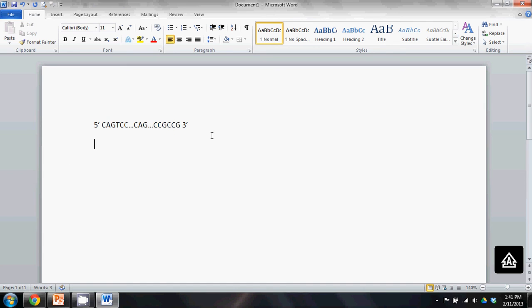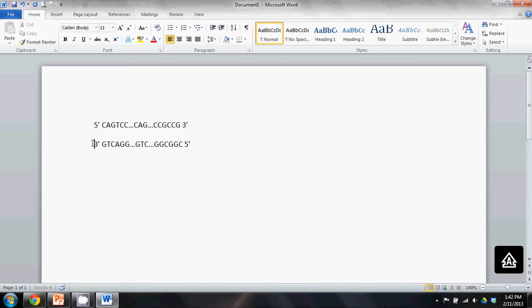So what you would do is write the sequence of the complementary strand. It will be 3' G T C A G G dot dot dot G T C dot dot dot G G C G G C 5'.